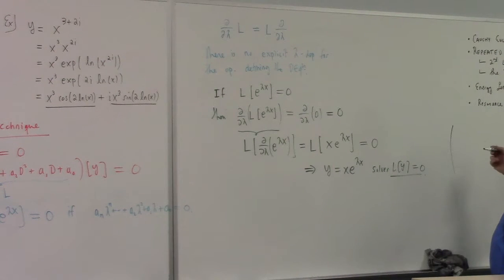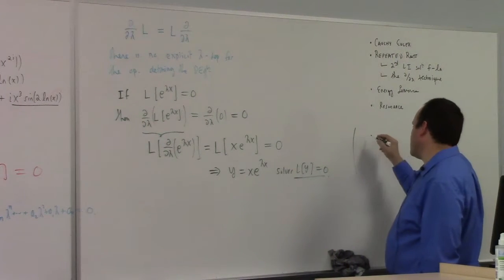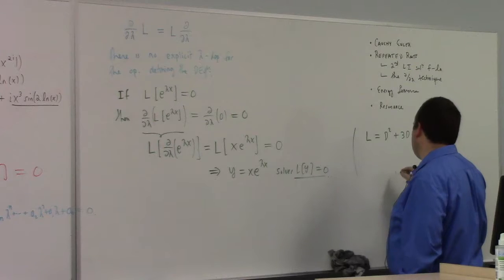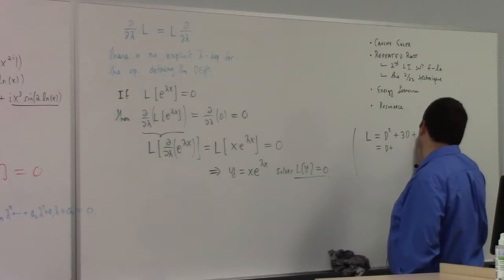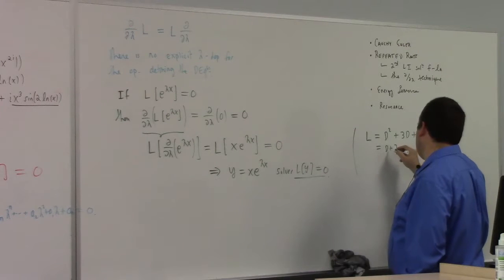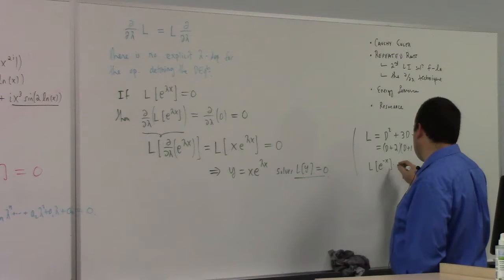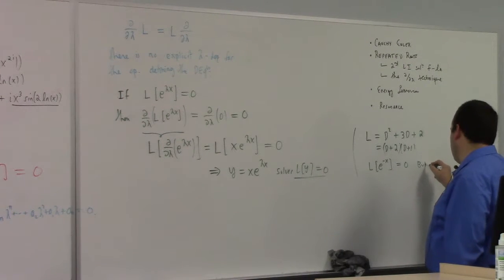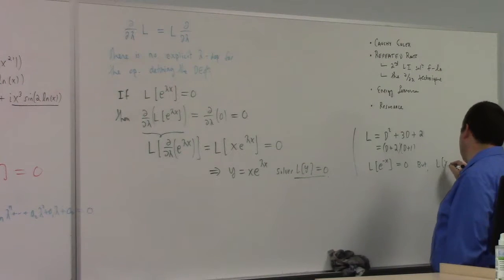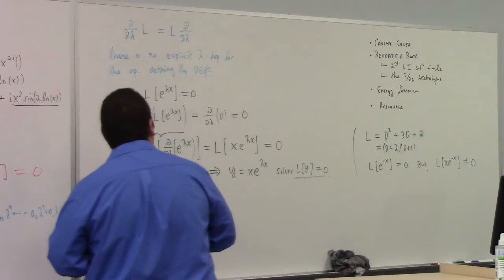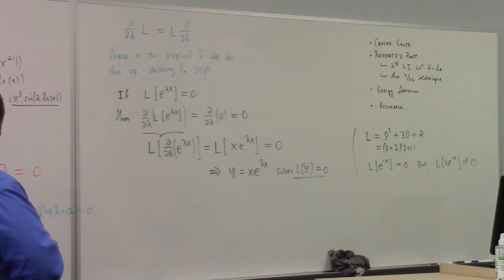I don't have a quick answer for you at the moment, but if I've got something like L equals D squared plus 3D plus 2, so D plus 2 times D plus 1, I know that I have L of e to the minus x equals 0, but I also know that L of x e to the minus x is not a solution, right? So is something I'm cheating here? I'm not sure.